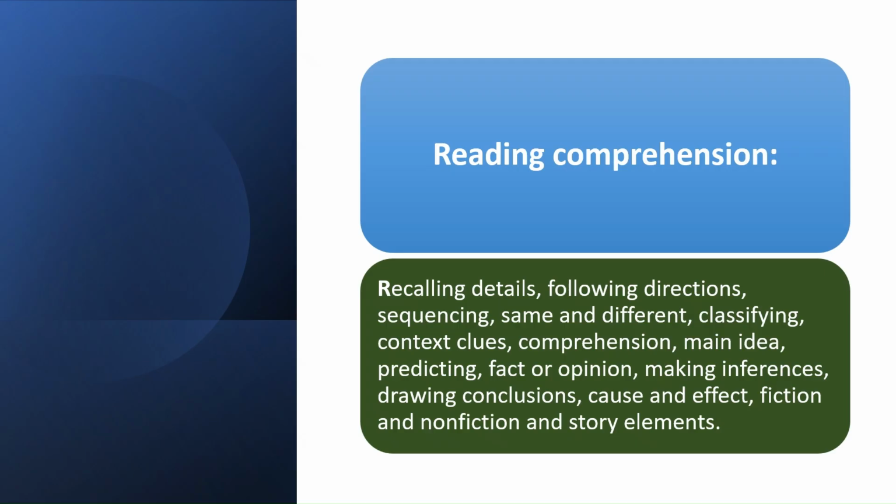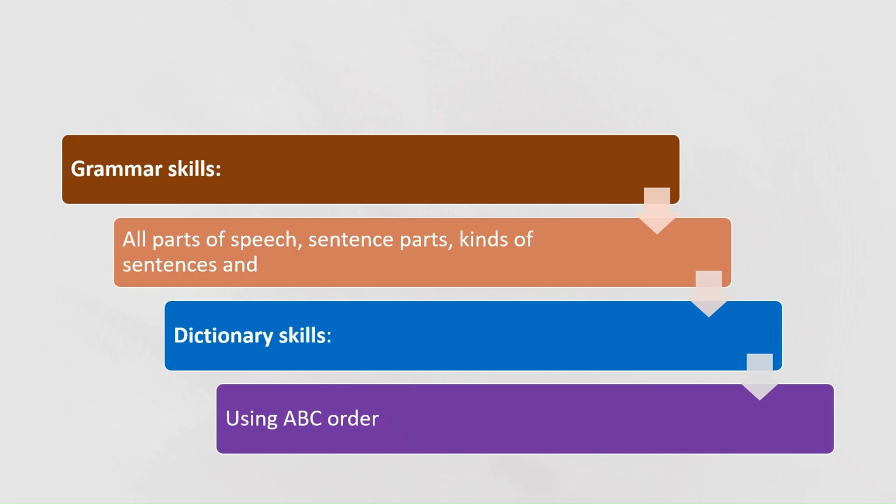Reading comprehension: recalling details, following directions, sequencing, same and different, classifying, context clues, comprehension, main idea, predicting, fact or opinion, making inferences, drawing conclusions, cause and effect, fiction and non-fiction, and story elements. Grammar skills that they learn are all parts of speech, sentence parts, kinds of sentences, and dictionary skills using the ABC order.